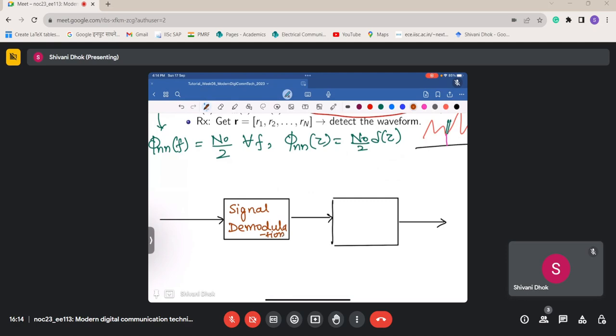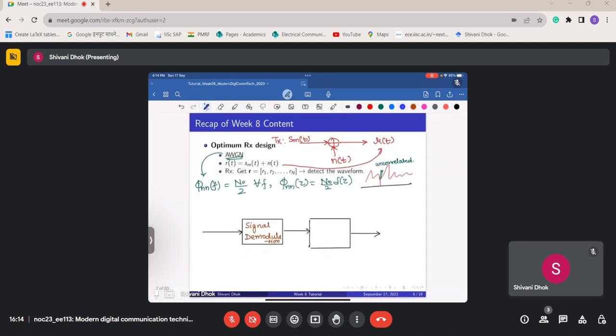And what does the signal demodulation block produce? This produces the vector R bar, which is this. And the next block is the detection or the detector. And this detector basically detects which waveform was transmitted.